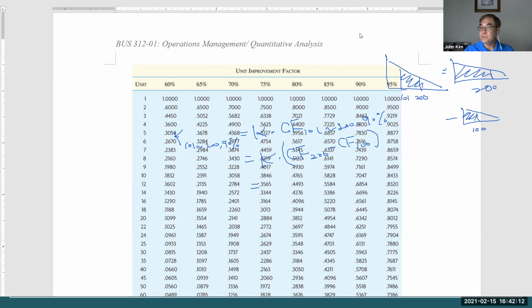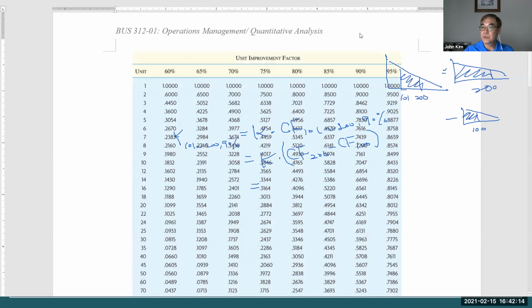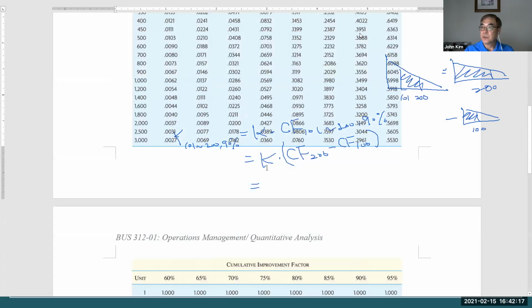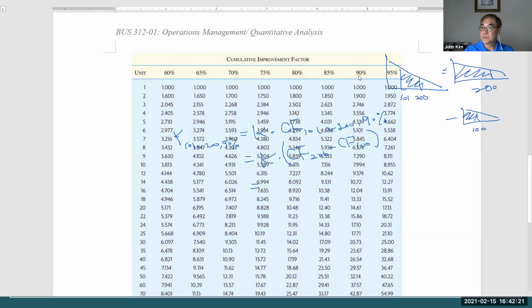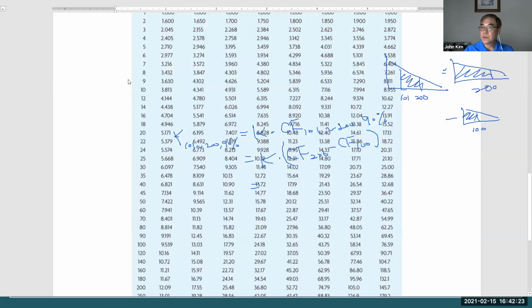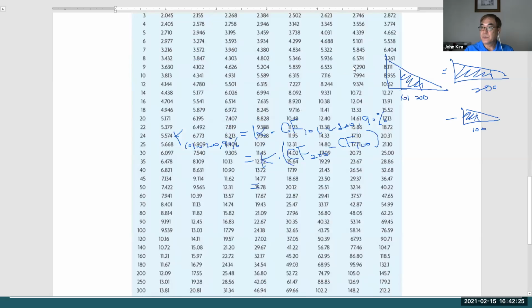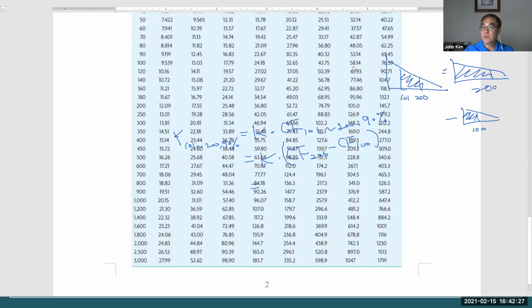That will be from the chart, the second chart. This column is 90%. So 100 is 58.14. 200 is 105. So this one minus this one.